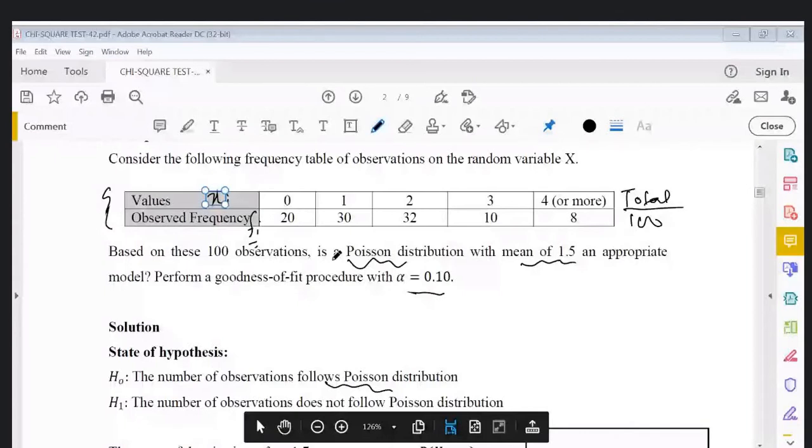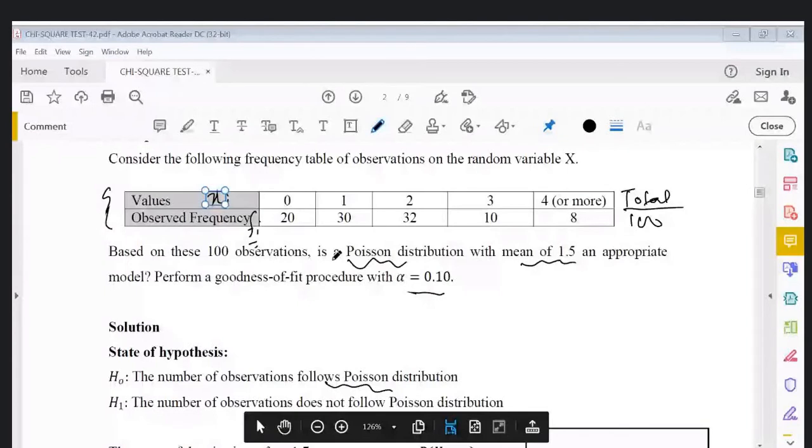The mean is given as 1.5, and the mean for Poisson is equal to lambda, so lambda is 1.5. The distribution must be Poisson.